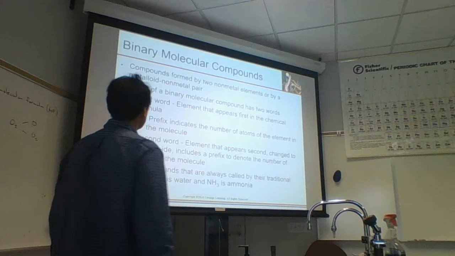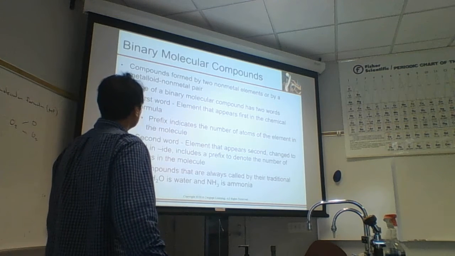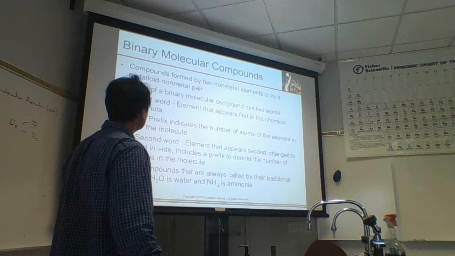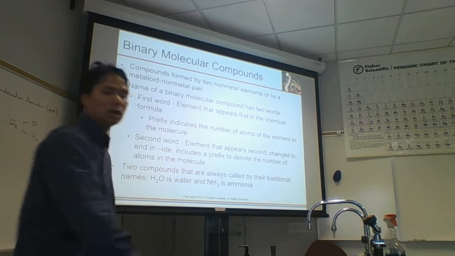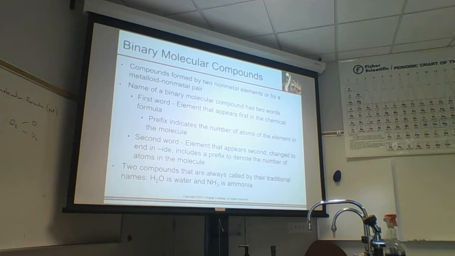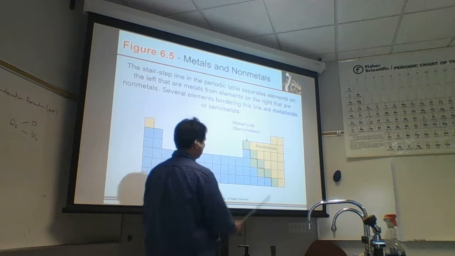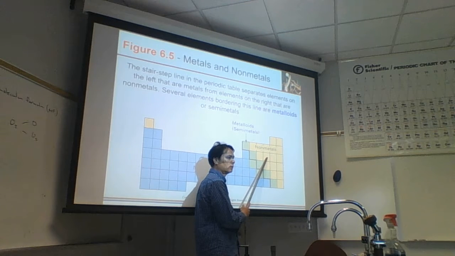And so this is called binary molecular. Binary, do you know what that means? Two. Yeah. Compounds formed by two non-metal elements, or by a metalloid and a non-metal pair. Non-metal means that we just have to go to the periodic table and take a look. If we have two elements combining in this yellow region, then we're going to use the binary molecular.